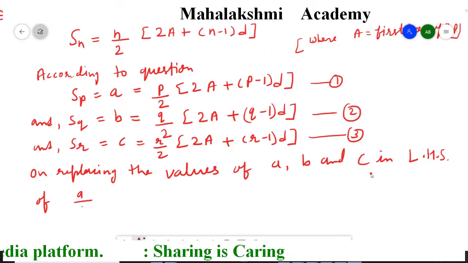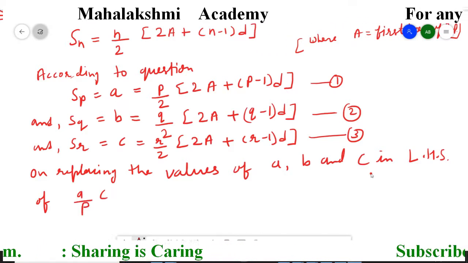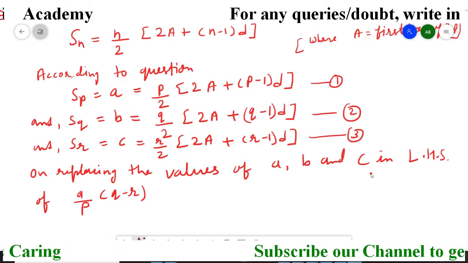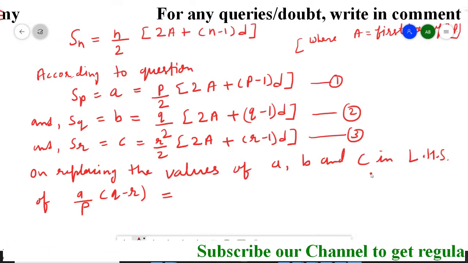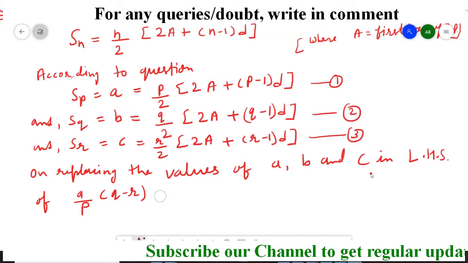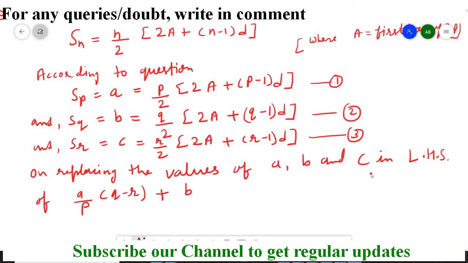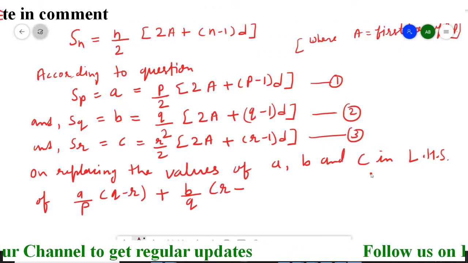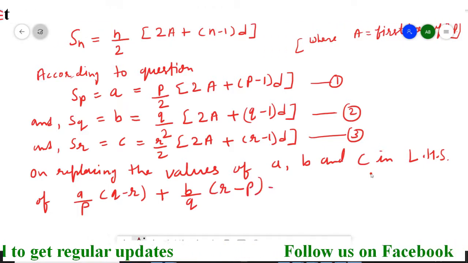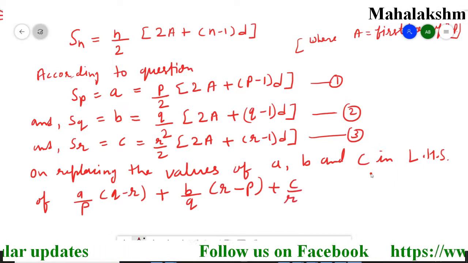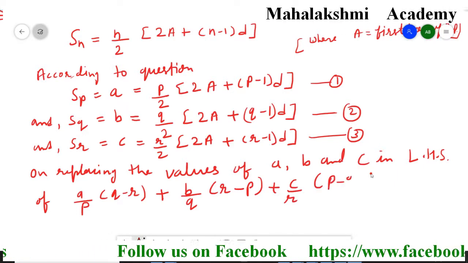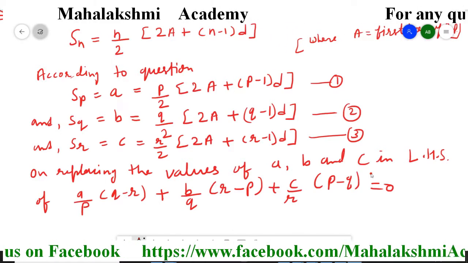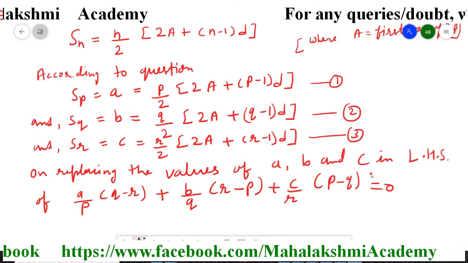It is a upon p bracket q minus r, plus b upon q bracket r minus p, plus c upon r bracket p minus q, equal to 0. And after writing, I am just confirming whether I wrote it correctly or not.